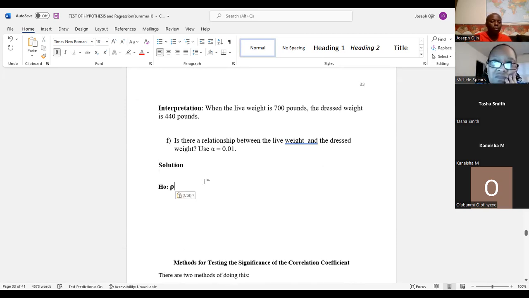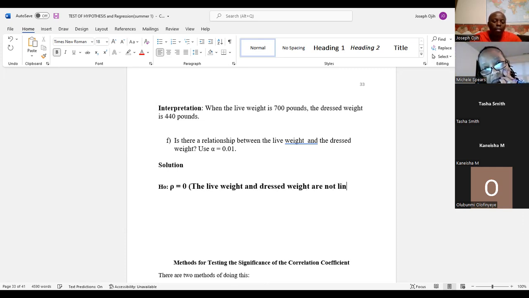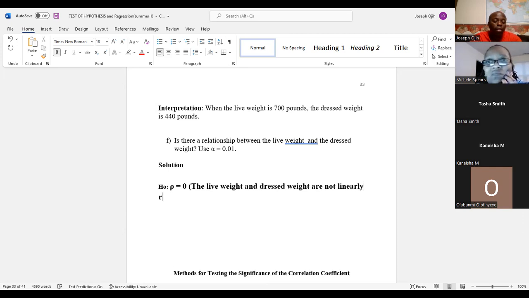H0: rho equals 0. That means the live weight and the dress weight are not linearly related.